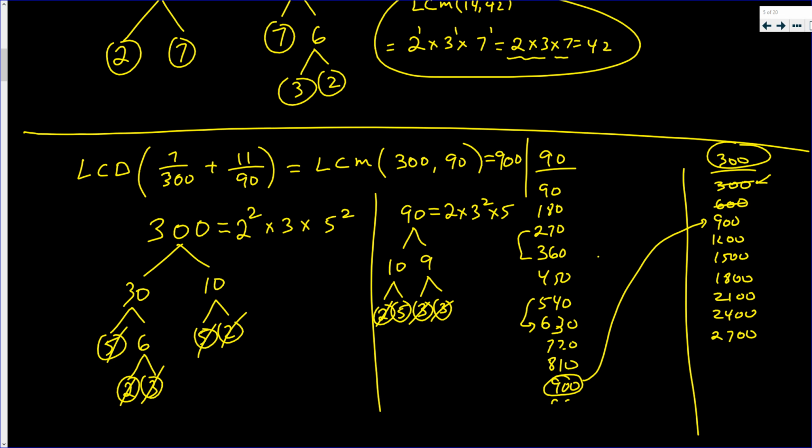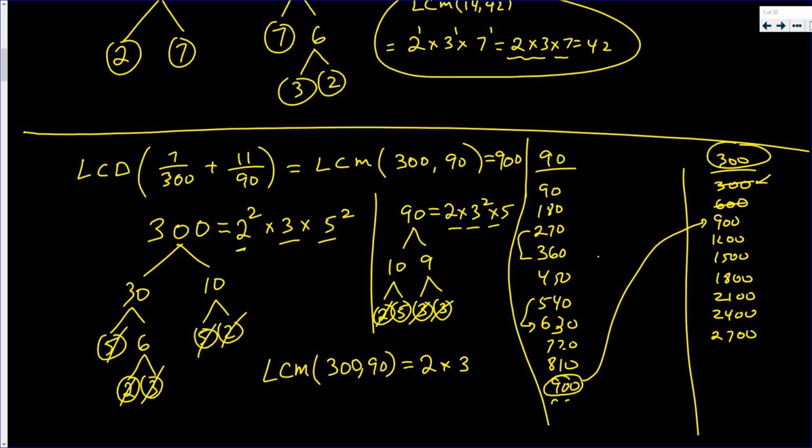Now, how do you find the LCM using the factor trees? What is the LCM of 300 and 90? Well, the different primes are 2, 3, and 5. They all had the same primes, 2, 3, and 5.